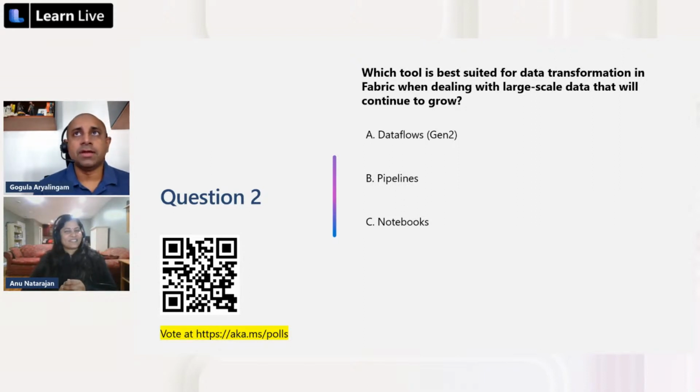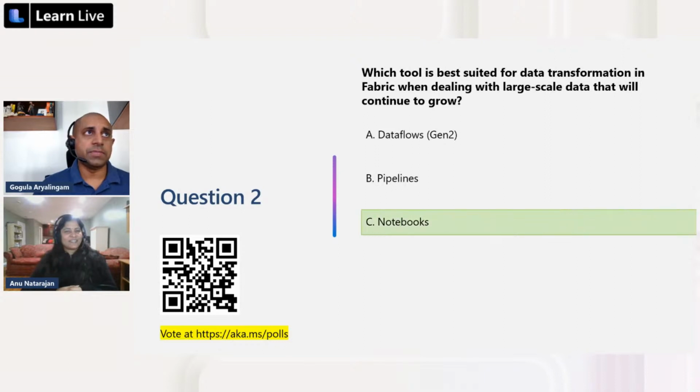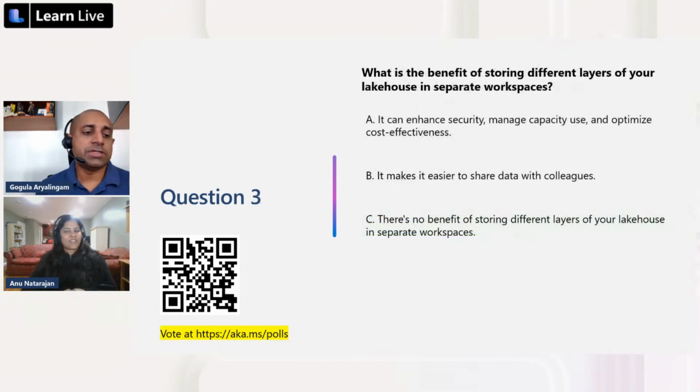I'm going to count down 10, 9, 8, 7, 6, 5, 4, 3, 2, 1. And we close the vote. And this is the answer: notebooks. And majority of them got it right. Yes, we have an 87% pass rate. And the important point here is large-scale data, right? So when you're dealing with large-scale data that is going to grow continuously, use notebooks. That's correct.